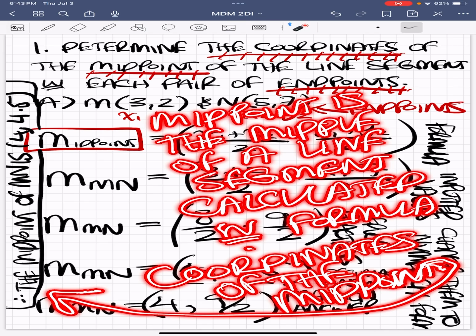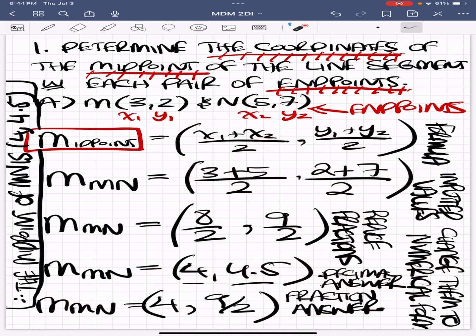The midpoint of MN is 4, 4.5. It can be 4, 9 over 2 if you prefer to put in fractions, and I'll be accepting both answers, and I hope that your teacher will as well. Leaving that there.